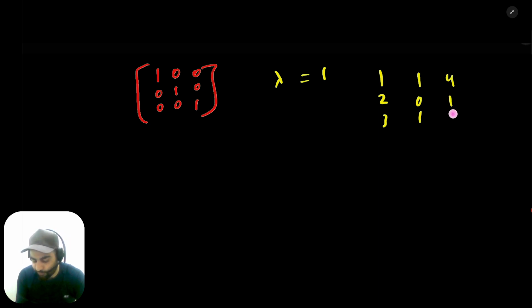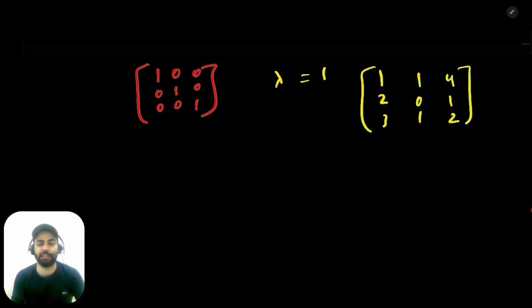Let's suppose we take the example of the identity matrix 1 0 0, 0 1 0, 0 0 1. This is an identity matrix, and you know that the lambdas are all equal to 1. But we can take any three vectors, 1 2 3, 1 0 1, 4 1 2, something like this. These three vectors can be considered as eigenvectors.